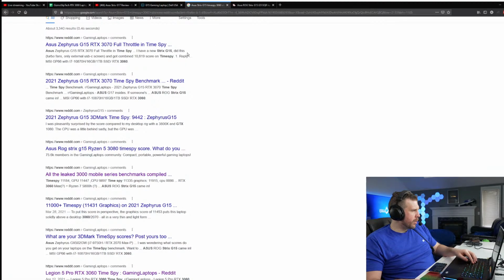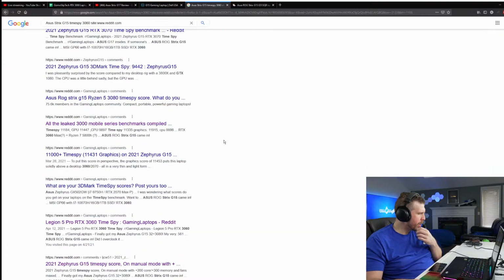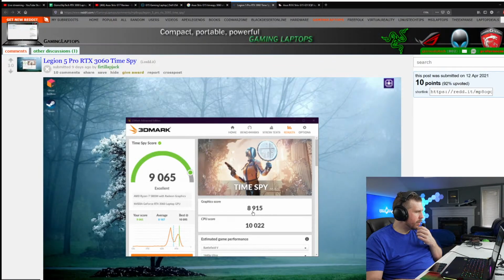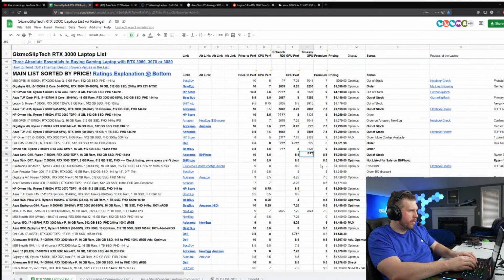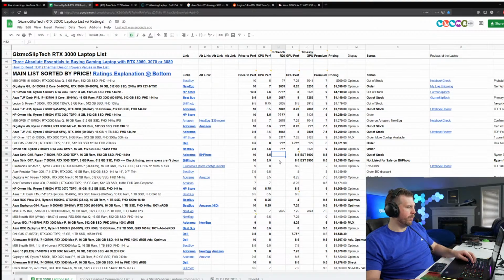Okay, so we still haven't found a 3060 Timespy score yet. But it should be the same as this, right around 8,900. So I'm going to put an estimated 8,900, because that's the same wattage GPU, 115 to 130 watts from the Legion 5 Pro, and that's what it got right here.